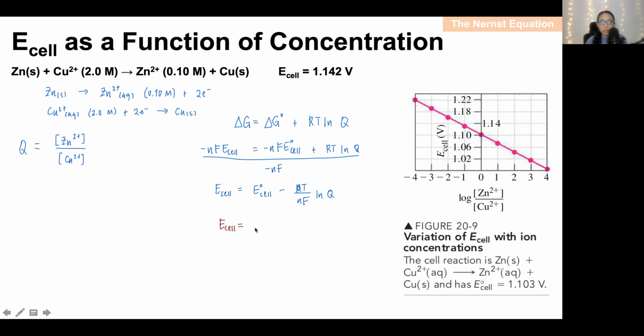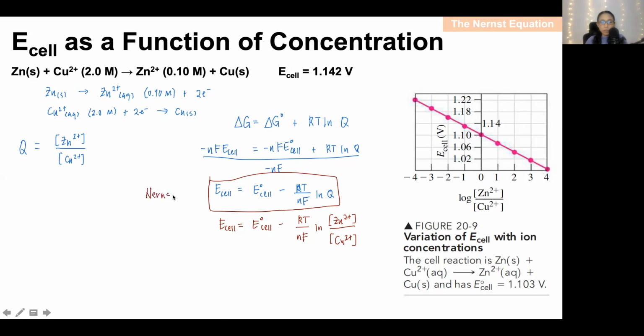So that's E cell equals E naught cell minus RT over NF, ln concentration of zinc ion over concentration of copper 2 ion. And this one, class, is what we call the Nernst equation.